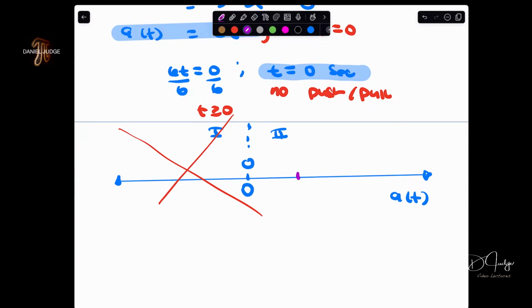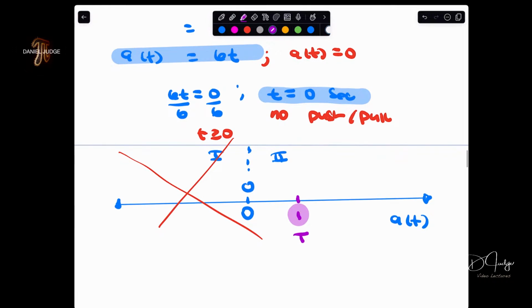You need a test point here to test the sign of region 2, and you do that by plugging in your test point value.